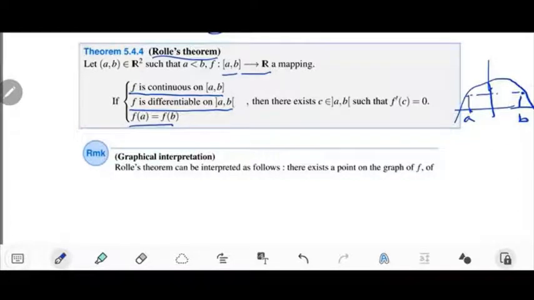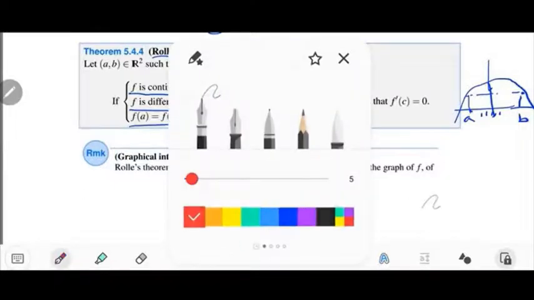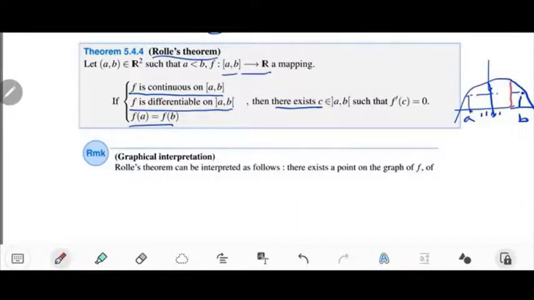Then there exists a point c that belongs to (a, b), so it's in here inside, such that the derivative of f at the point c is equal to 0. It means that the slope of the tangent of f at this point c is equal to 0. So the tangent is horizontal, it's parallel to the x-axis. So they are talking about this point in here, where the tangent is horizontal.